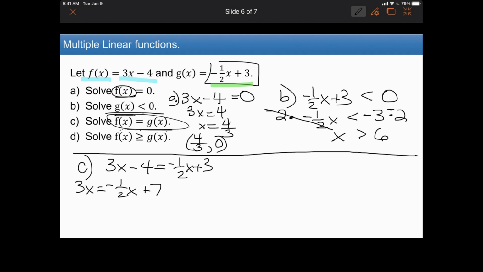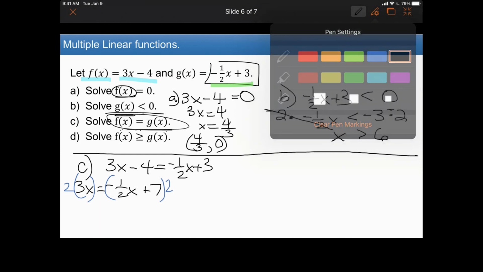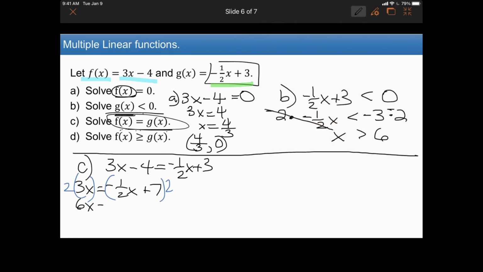Now, we could add a half to the other side, but I know that confuses some people. But remember how I talked about clearing the fraction at the very beginning of the year. So you're going to multiply everything by 2. So I have 6x equals negative x plus 14. Going to add the x. So I have 7x equals 14. Ooh, x equals 2. Lovely.